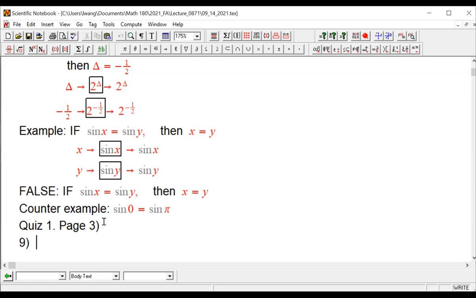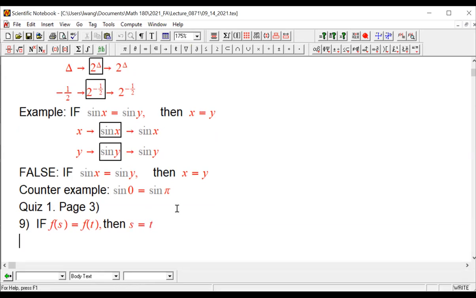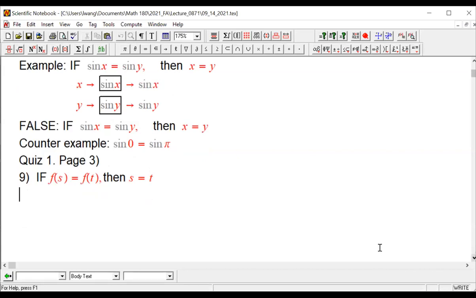Question number 9 says, if f of s is equal to f of t, then s is equal to t.